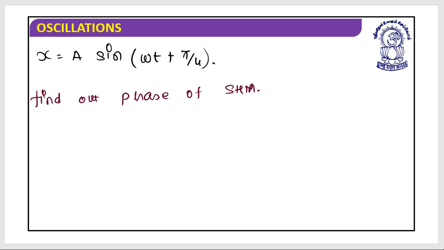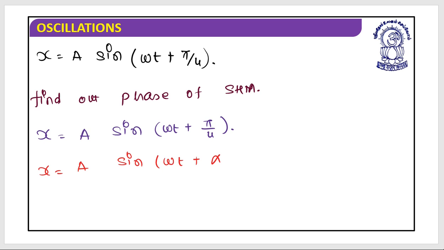Then what I need to do is just copy paste kind of question. It's x equals A sine omega t plus pi by 4. Equate this relation with the standard relation, which is x equals A sine omega t plus alpha. This is the phase. So the phase of this function, phi we can say, is omega t plus pi by 4.